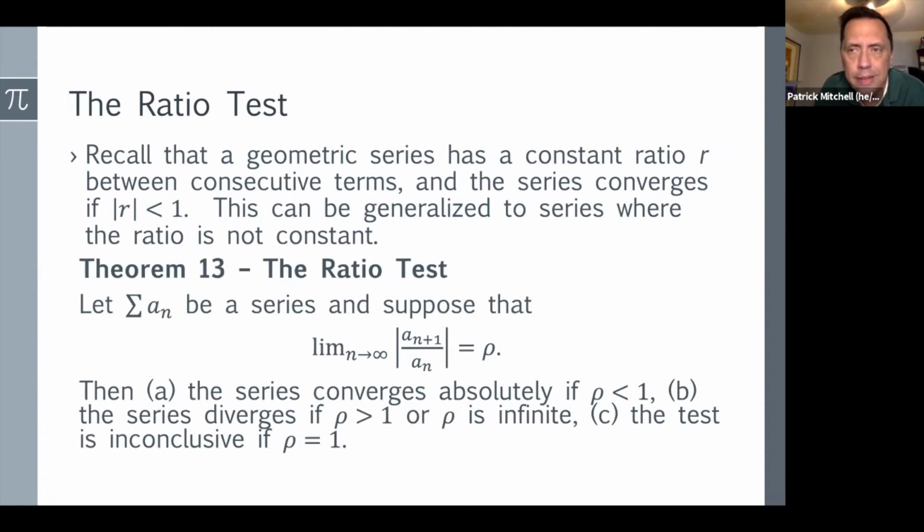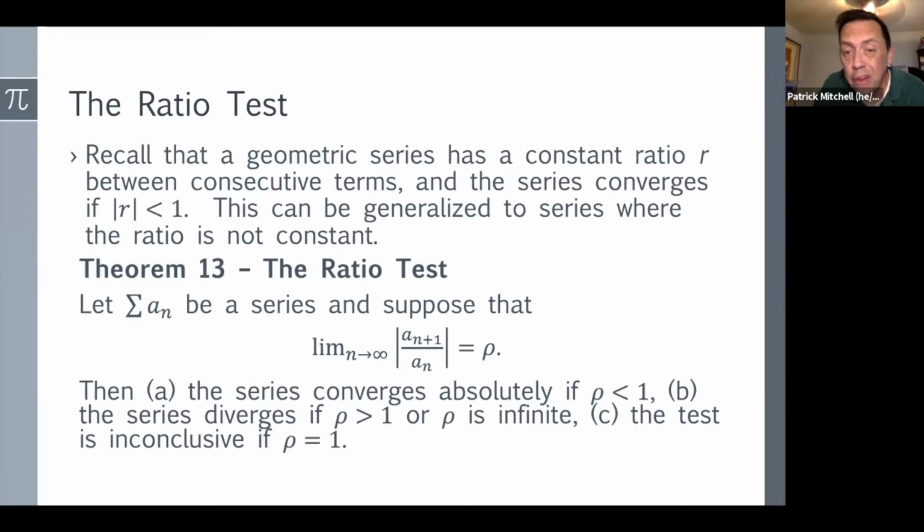And that's called Theorem 13. And I retyped it myself because there were too many changes in what was printed on the PowerPoint and it was bothering me. So I had a few minutes, I just retyped it. So Theorem 13 is called the ratio test. Let a sub n be a series, and suppose that the limit as n increases without bound of the absolute value of a sub n plus 1 over a sub n.